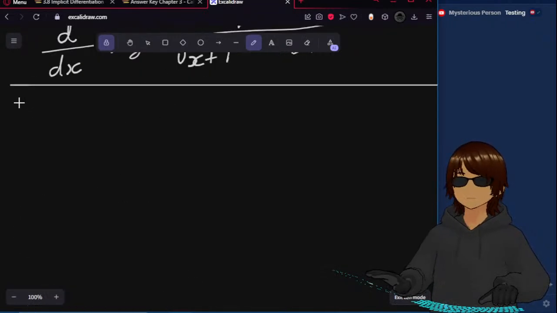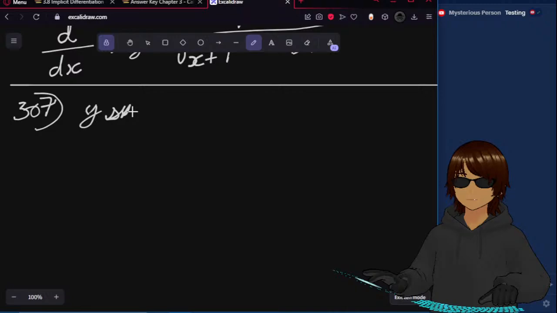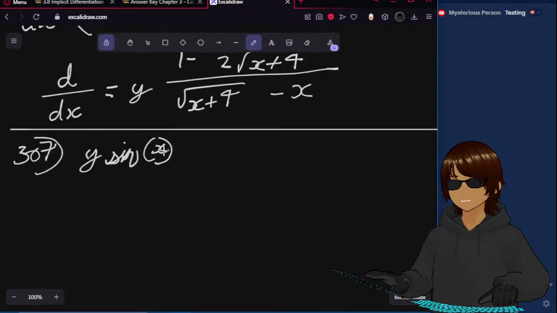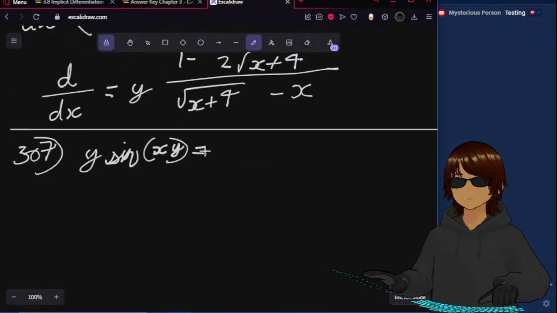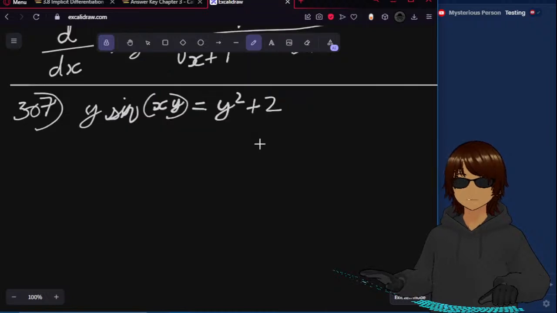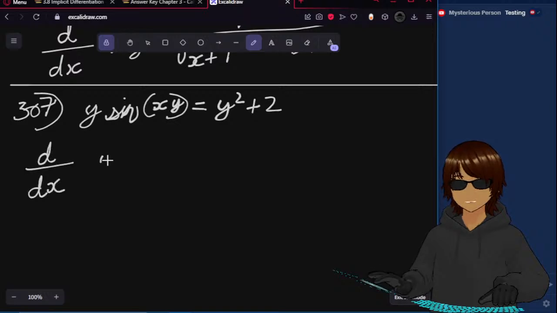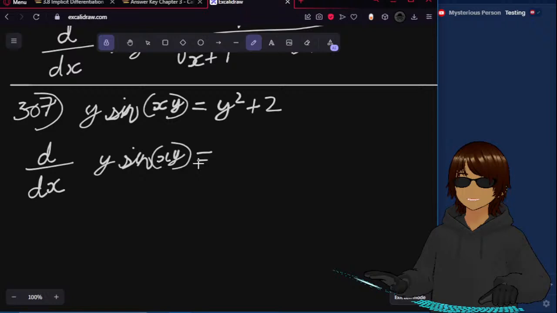307. It's xy. y square plus 2. So differentiate both sides with respect to x.